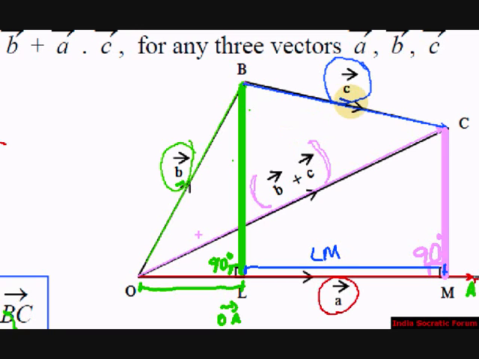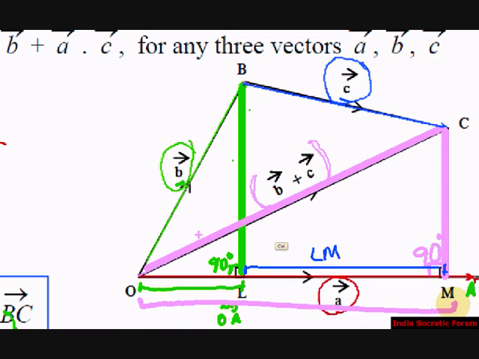On OA, we have another one that is the projection of B plus C vector, from here till here.